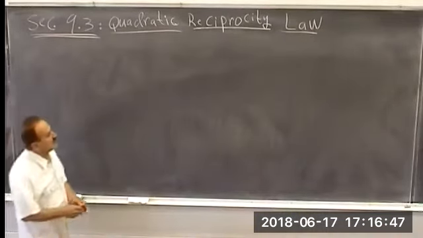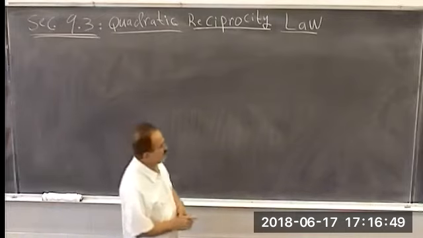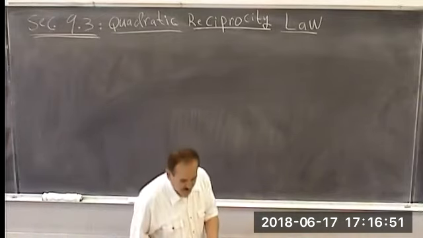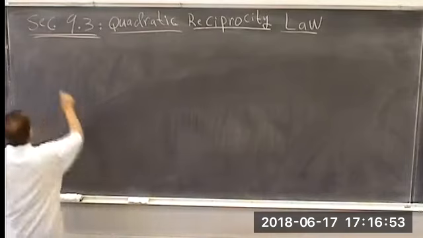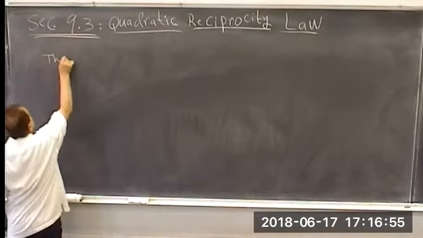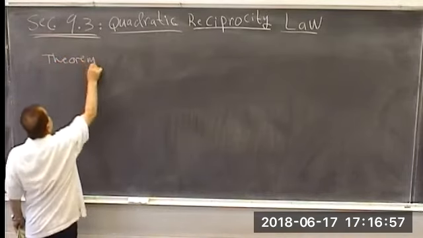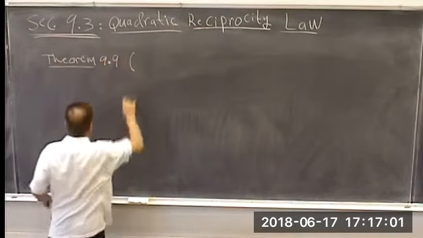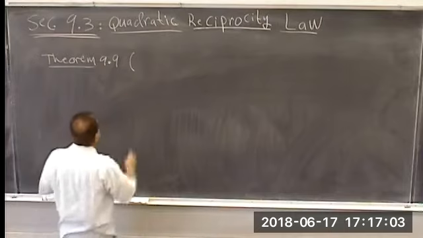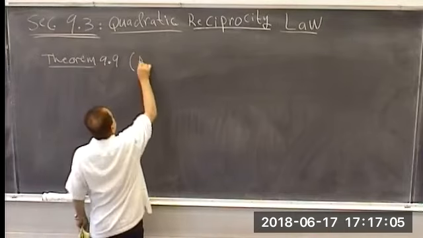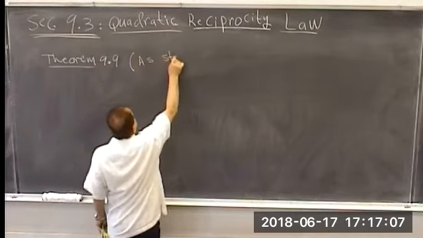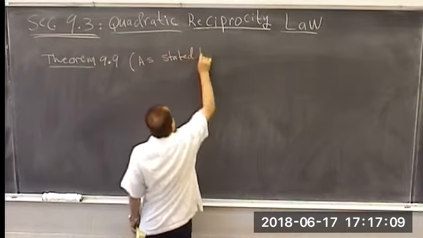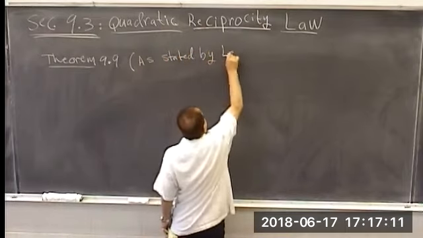And this is also based on Gauss's lemma. But here is the theorem that corresponds to this in the book. Theorem 9.9. And this one is as stated by Legendre.